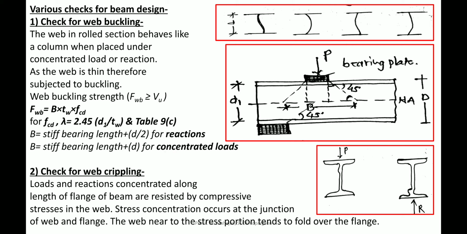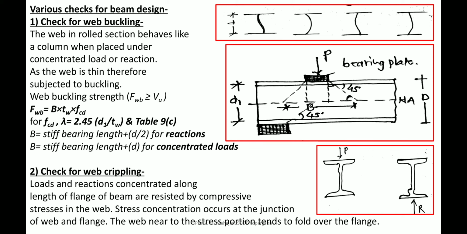Loads and reactions concentrated along the length of the flange of the beam are resisted by compressive stresses in the web, and the stress concentration occurs at the junction of web and flange. This stress concentration always occurs either in the top flange or bottom flange, at the junction of the web.